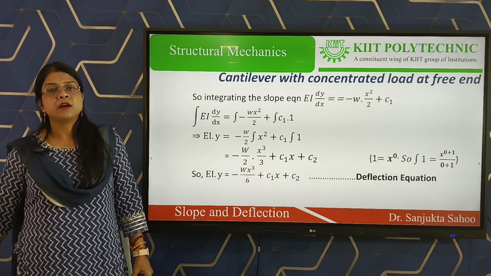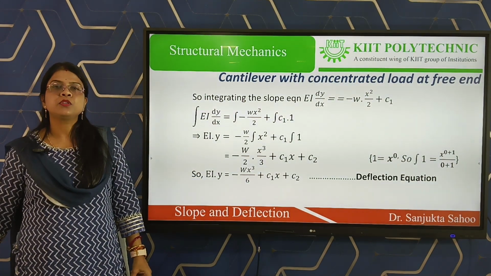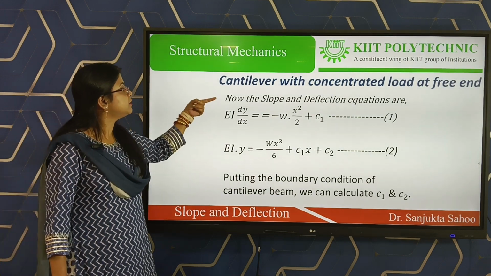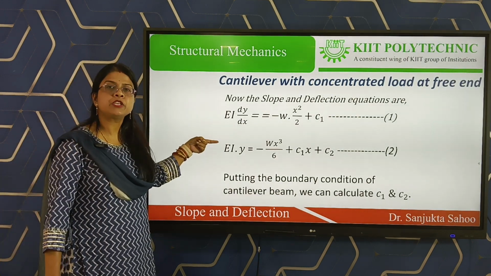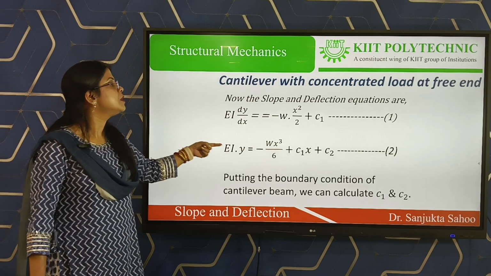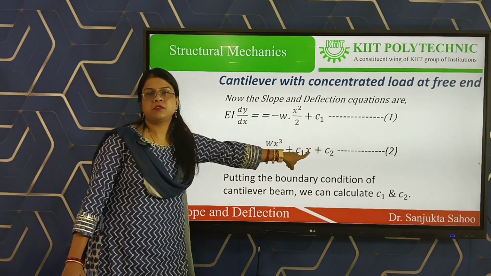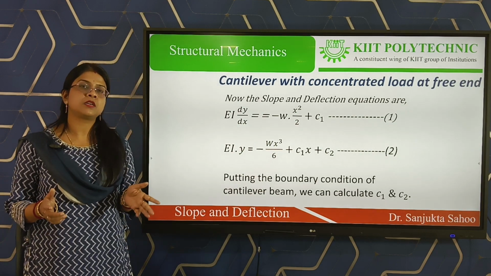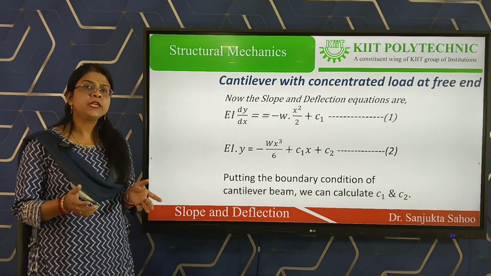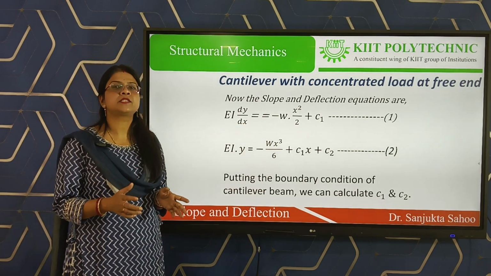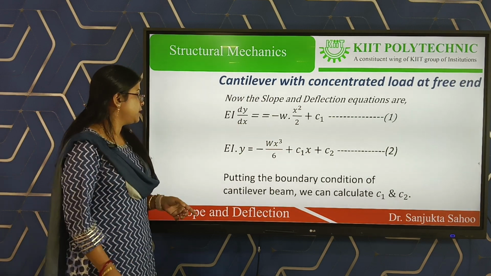Now, we have the moment equation as well as both the slope and deflection equations. But it is not complete because till now we haven't calculated the constants C1 and C2. So, to find out C1 and C2, we need to consider the boundary conditions for the cantilever beam.